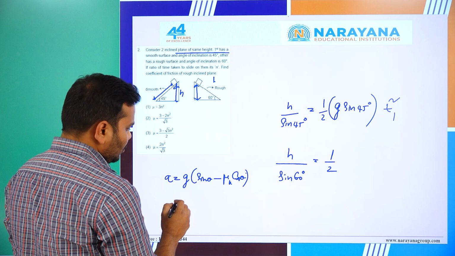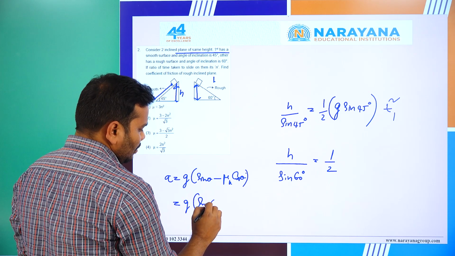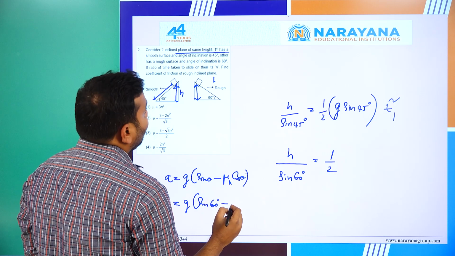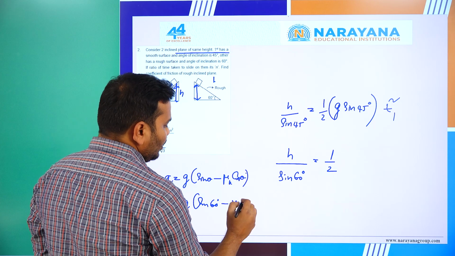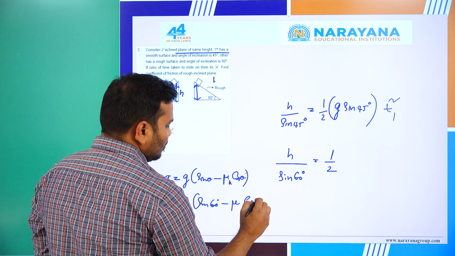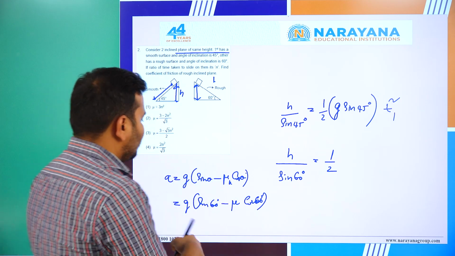So this is g into sin 60 minus mu, which is what we have to find as per the question, so mu into cos 60 degrees. I will substitute that here.